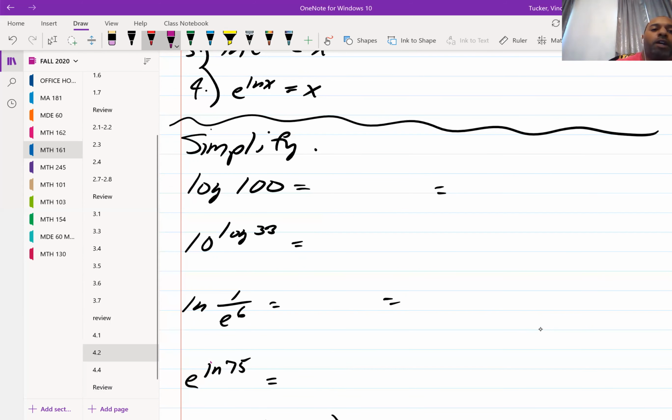Since it's the common log, when you don't see anything there, they assume you know there's a 10 there. We will look to rewrite that 100 as 10 squared. The only reason is because we know that our base is 10, and that will help us out. So log base 10 of 10 to the second power. Our general log rule says that that will cancel for us and leave us with just 2.